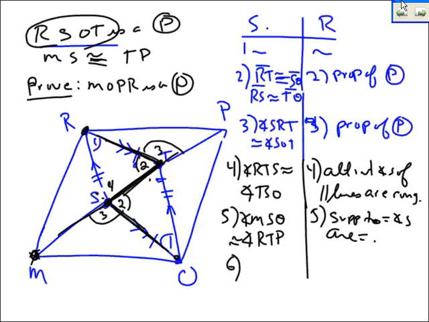Number 4 and number 4, they're equal. I can say that this triangle here and this triangle here both have two angles that are the same. They both have angle 1 and they both have angle 2. So the third angle has to be equal. Or I could invoke that RS and TO are parallel and say that angle 4 is alternate interior angles.